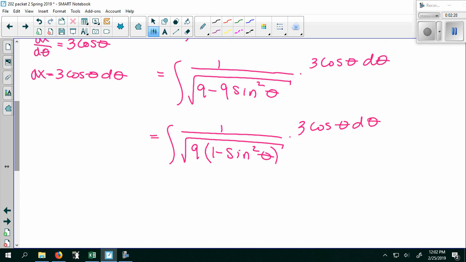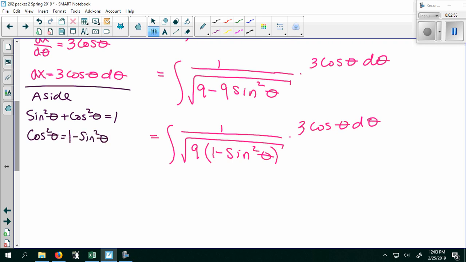Now there's a trig identity that involves 1 and sine squared, so I'll do a little aside to remind you. Sine squared theta plus cosine squared theta always equals 1. That's the Pythagorean trig identity. If I subtract sine squared from both sides, I get cosine squared theta equals 1 minus sine squared theta. So 1 minus sine squared can be replaced with cosine squared.